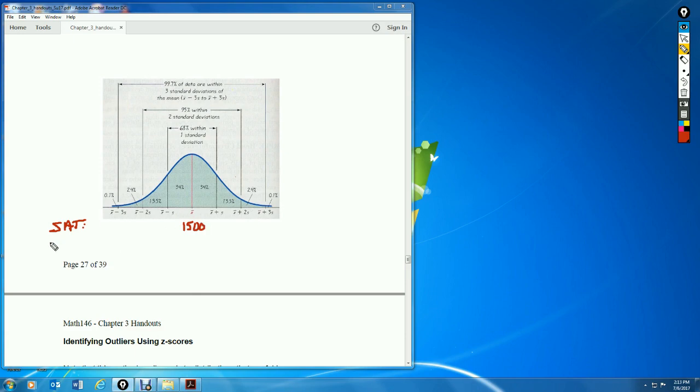For the ACT, the mean, again, right in the middle of the normal distribution was 21. Okay. And then what we are doing is we are normalizing by calculating z-scores.